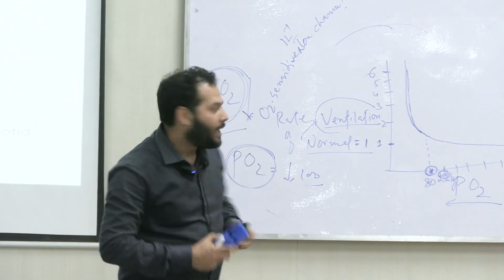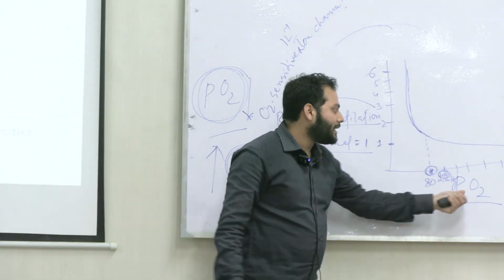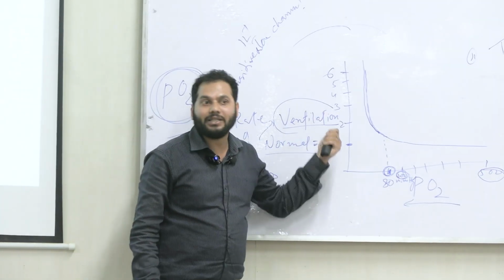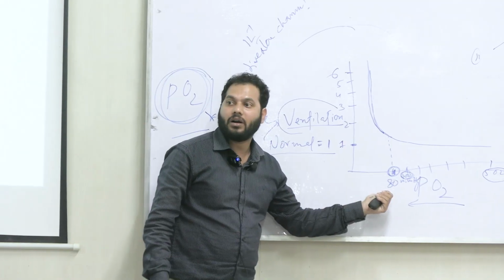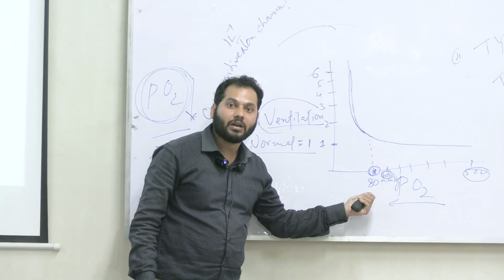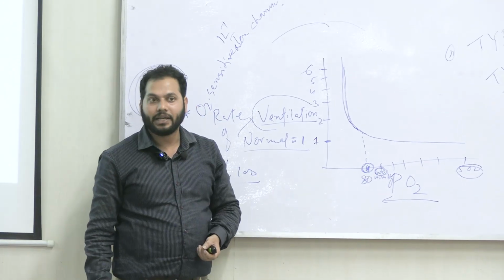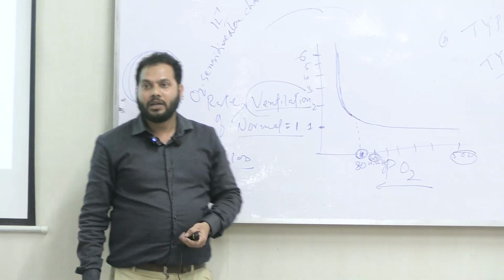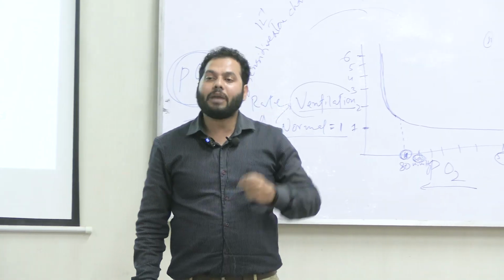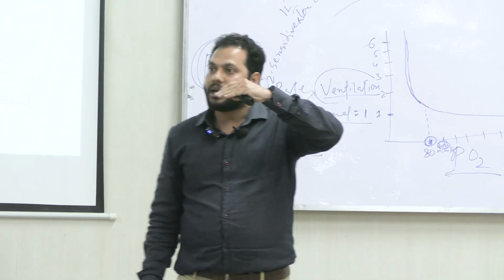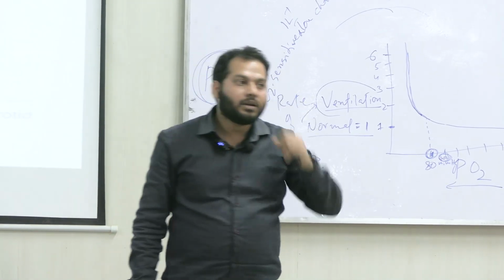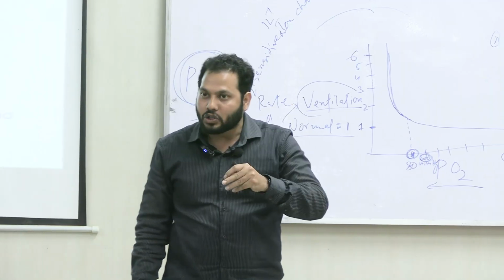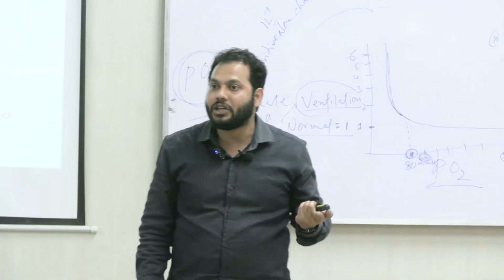I repeat, here I have only mentioned how the rate of ventilation changes with the decrease of partial pressure of oxygen. But the second condition is, if the partial pressure of carbon dioxide is constant and partial pressure of oxygen is reduced, so what will be the rate of ventilation?